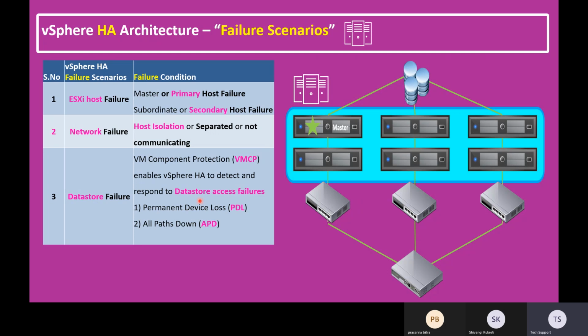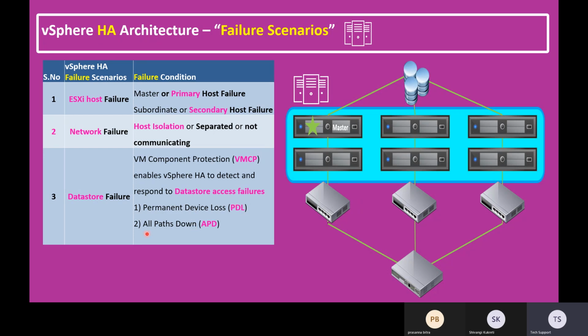The main storage device is called the HBA, host bus adapter. Sometimes the storage bus adapter may go down. That is permanent device loss, because when the hardware is faulty, obviously we cannot resolve the issue until the faulty part is replaced with a new part. That is why it is called permanent device loss, PDL for short.